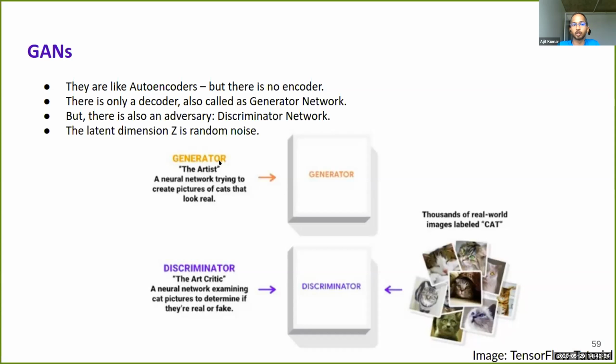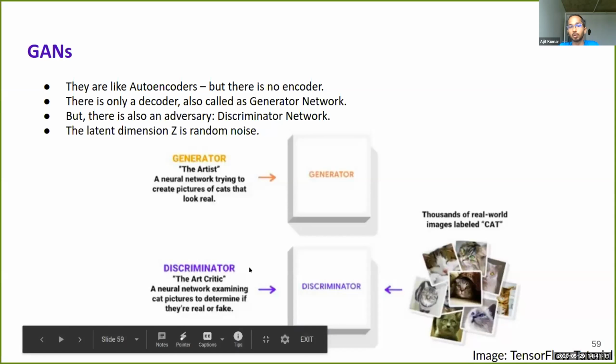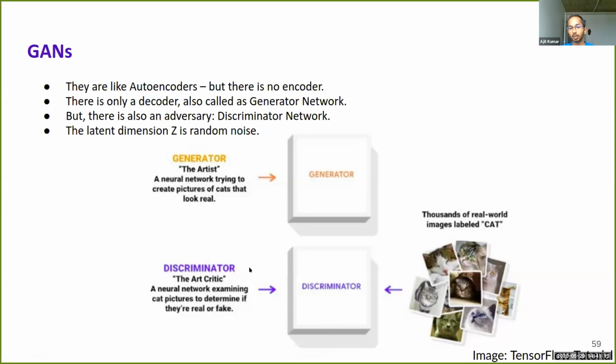One of them is the generator, which is kind of the decoder network, generating images starting from random noise. And there is a discriminator as well, which is also a neural network, trying to discriminate or classify the generated images as being real or fake.